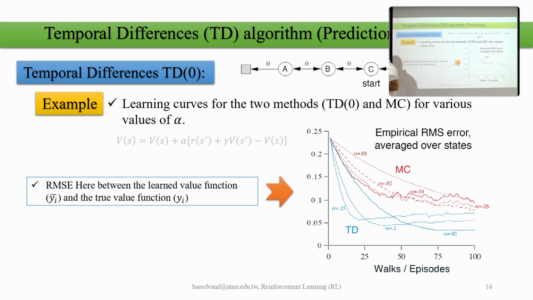Of course, as we discussed, Monte Carlo can also find the optimal solution finally with adjusting the parameters well. So this is just one example. If you can adjust the parameters well and continue long enough, it will converge too.